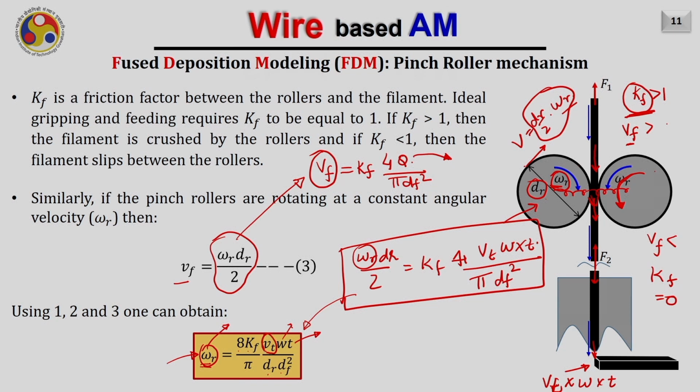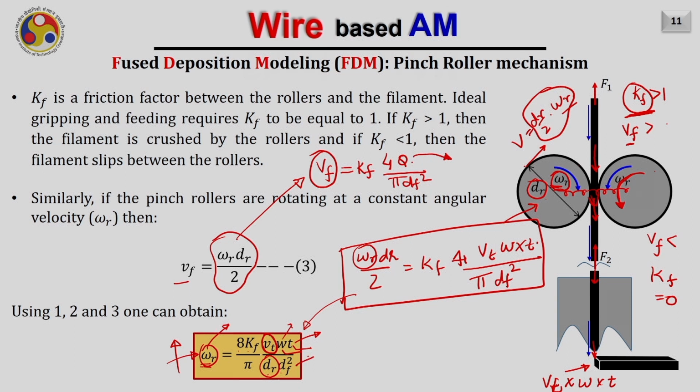Also, if the travel velocity is increasing, then keeping the other parameters, W and T, the same, you have to increase the value of omega r, that is the speed of the rollers. Also, if the diameter of the roller is reducing, then the roller should rotate with a higher speed.